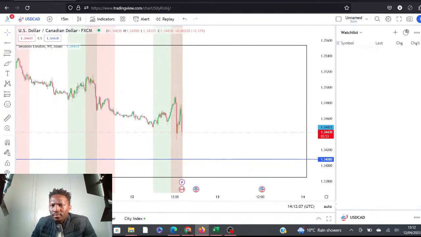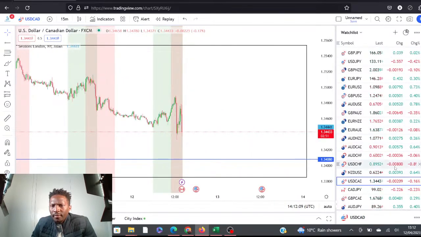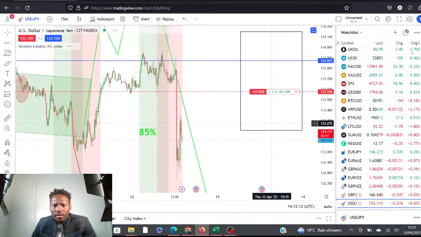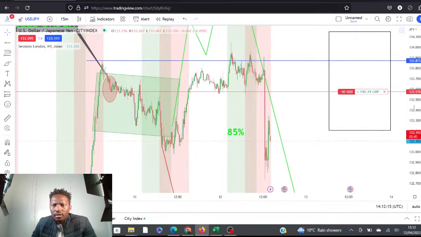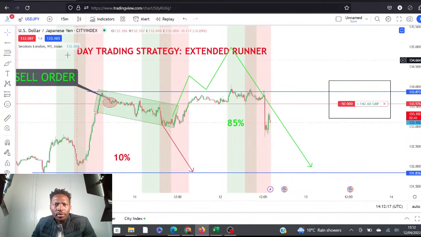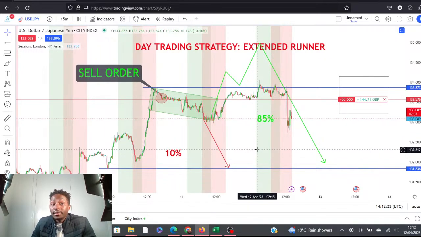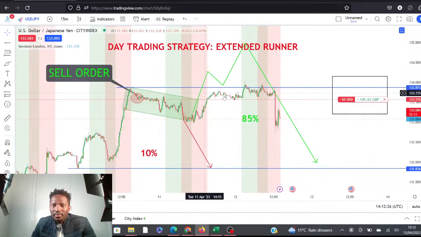So yeah, let's head over to our heading pair. The dollar yen is still correcting, but just like I showed you guys in terms of how the extended runner strategy works. Obviously, this is what I would have expected yesterday, and I would have added onto my position.